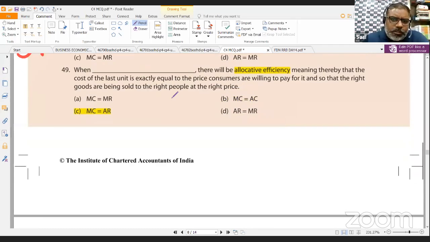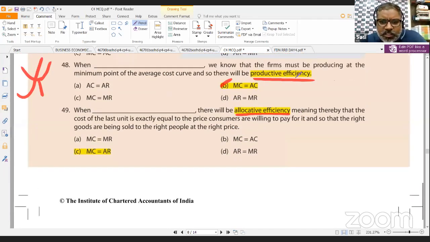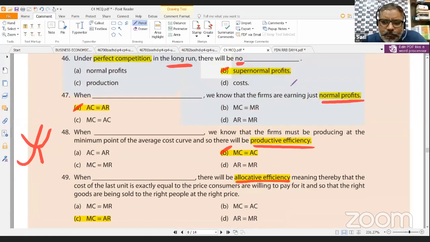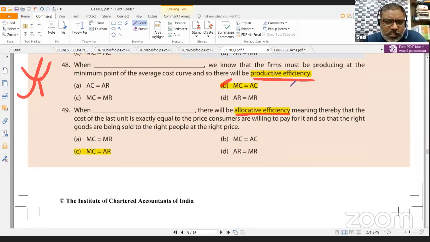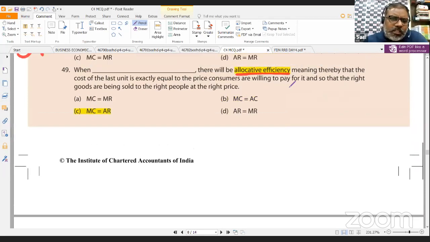Then the 49th question, when there will be allocative efficiency. See, productive efficiency is related to costs. Profits is related to cost and revenue. Allocative efficiency is related to where marginal cost is equal to price or average revenue. Where the description is given: the cost of the last unit exactly equal to the price.